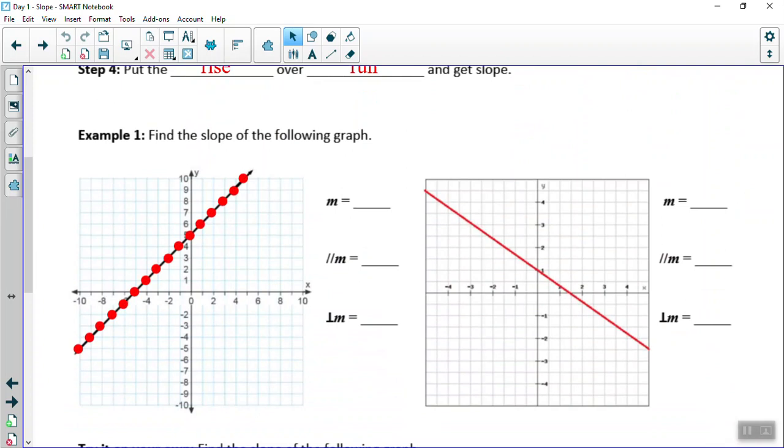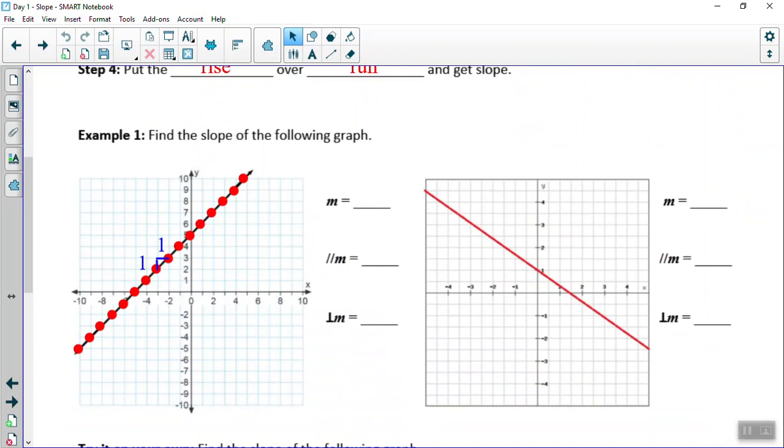And then to do our slope, we're going to find our rise over run. I usually take 2 points and draw a triangle between them. So in this case, I did it between these 2 points here. So my rise to get from here up to here was 1. My run is also 1.